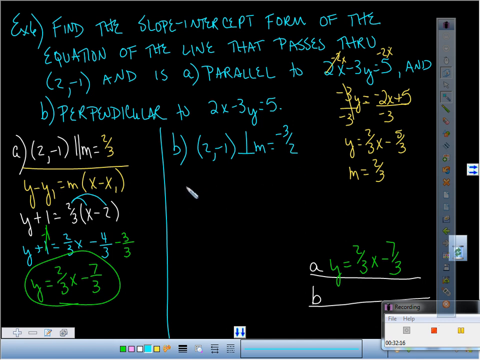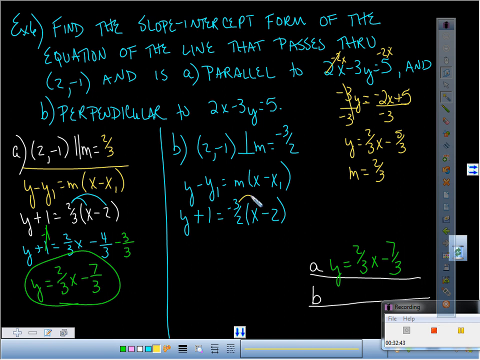All right? y minus y sub 1 equals m times x minus x sub 1. So y minus a negative 1 makes a plus 1. m, negative 3/2 times x minus 2. I'm going to distribute. So y plus 1 is equal to, tell me what you get.